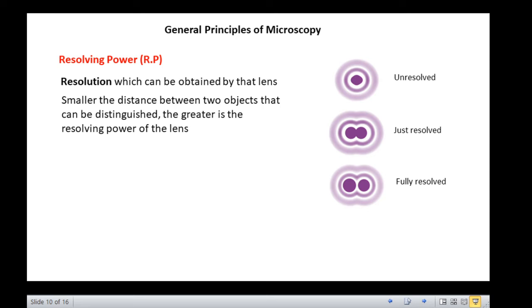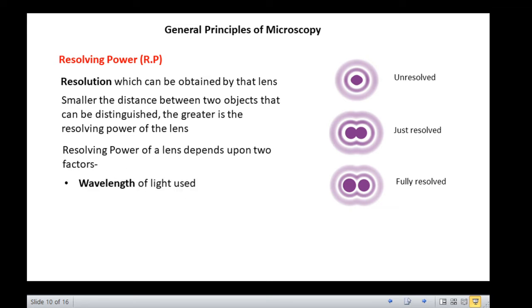The resolving power of a lens depends upon two factors. One, wavelength of light used, and the other, power of the lens, which is determined by its numerical aperture. We will talk about the numerical aperture slightly later.